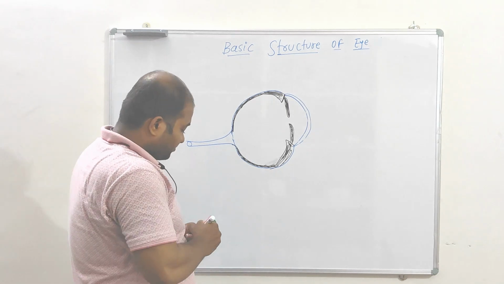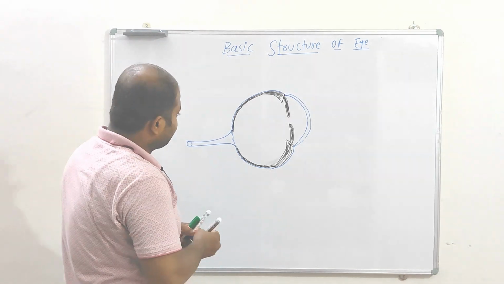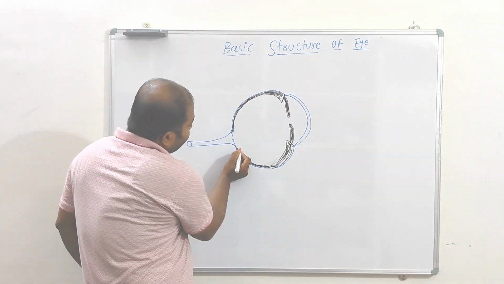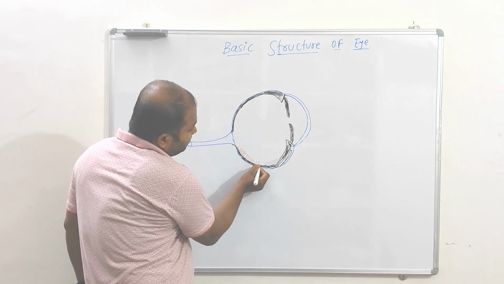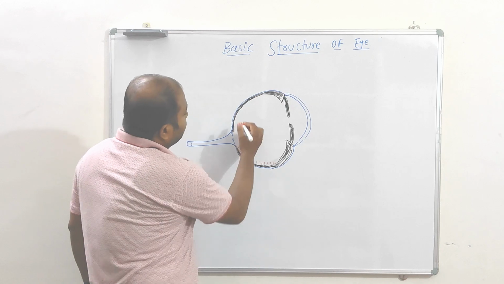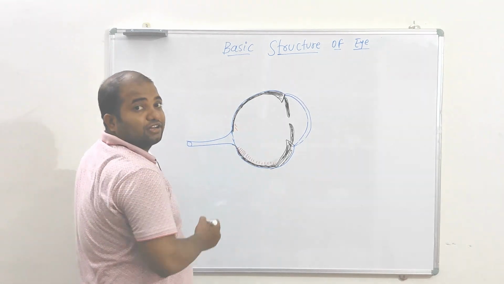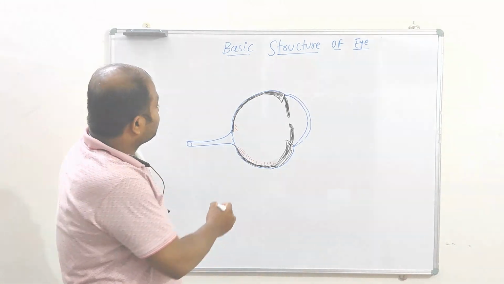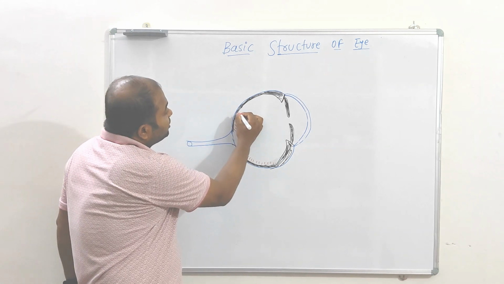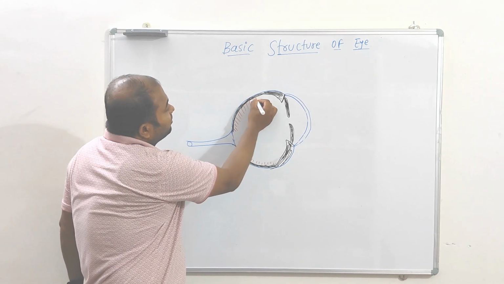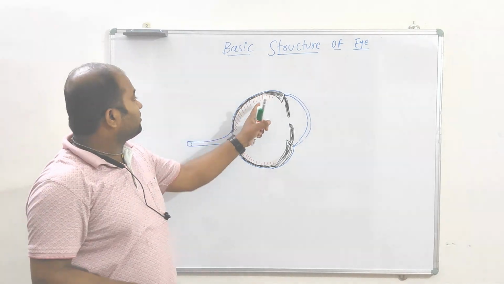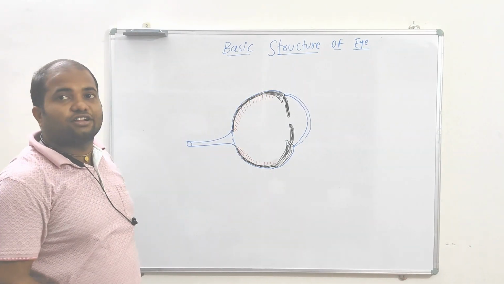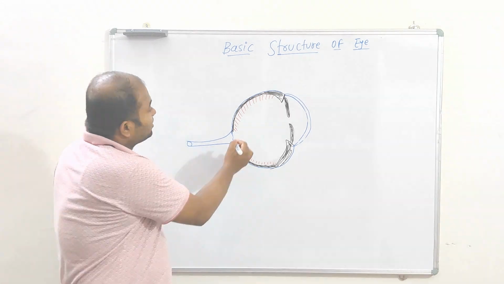I will draw it with a different color, a red color. This is the inner wall, a delicate membrane or delicate nervous tissue.